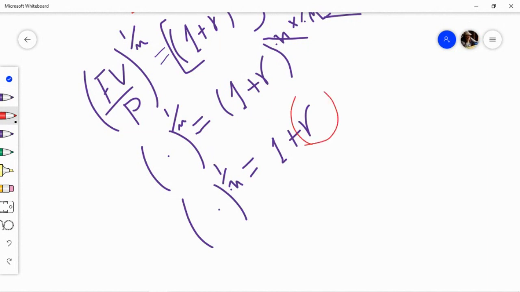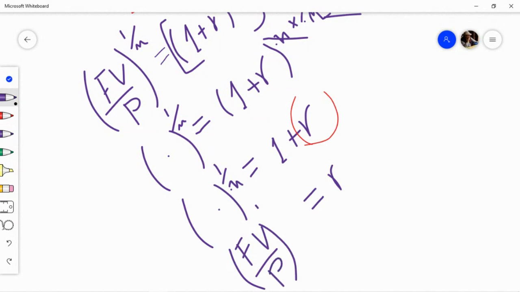So then you must subtract 1 from both sides. If you subtract 1 from both sides, this side will become R, and this side will become (FV over P) to the power 1 over n, minus 1. Okay? Now think about it.